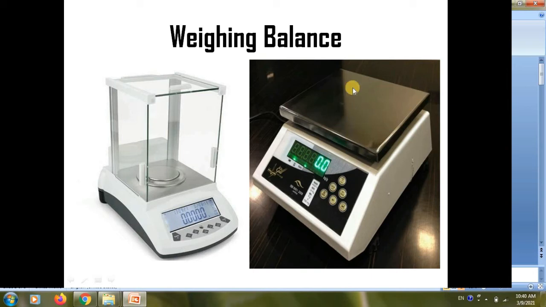So 5 kg is the maximum limit and 10 mg is the lower limit of this weighing balance. If you have to weigh anything ranging from 10 mg to 5 kg, you weigh it on this balance, and below 10 mg you have to weigh on the other weighing balance. This is a very sensitive weighing balance. If you see, all the settings will be already done over here.